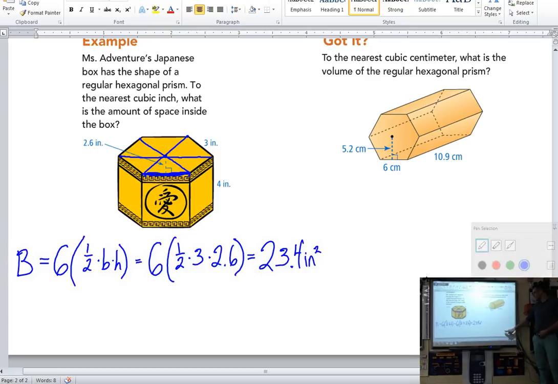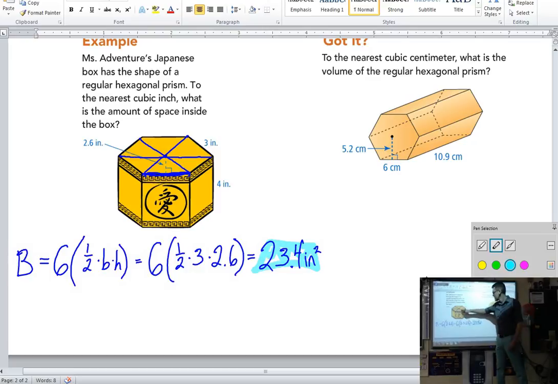So we just calculated this area. That's a weird color when drawing on top of that. It's like teal. Now to find volume, we just got to take that value times the 4, because that's how tall it is, the distance between the hexagons.